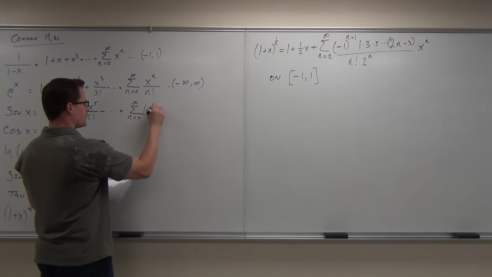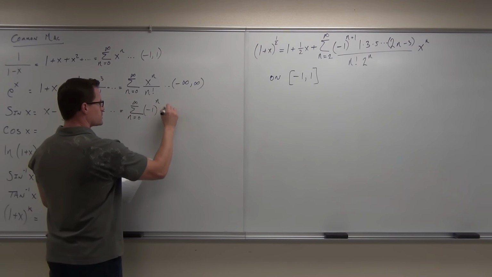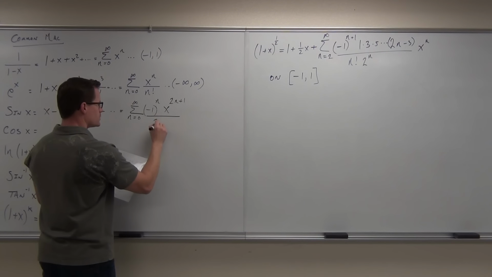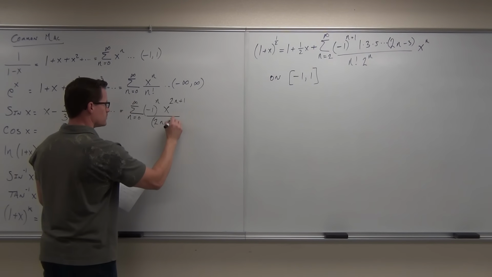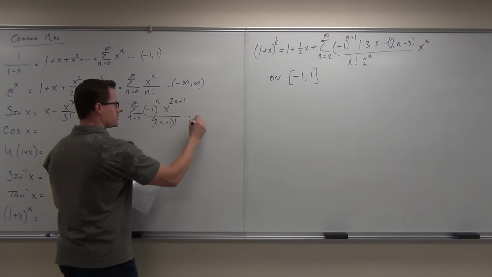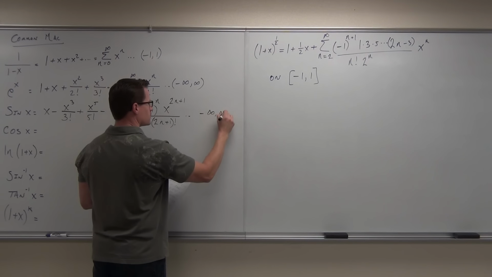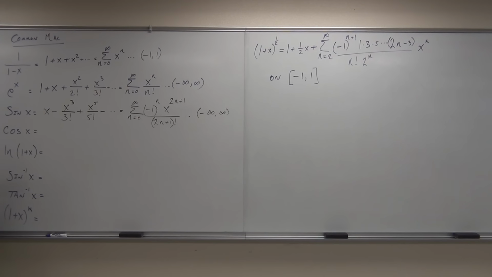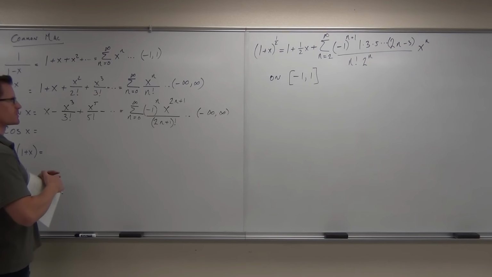It was alternating, obviously. X to the odd, 2n plus 1, over 2n plus 1 factorial. And it converged for all real numbers, x. Does that one look familiar to you? Yeah. We did it yesterday. We did? Oh, perfect. So it looks familiar.